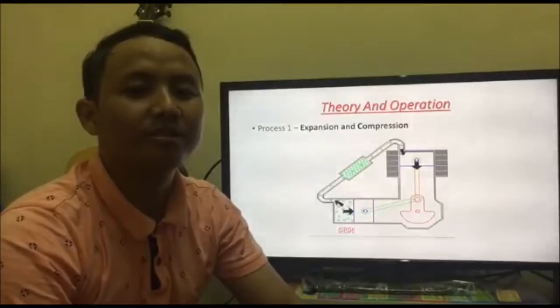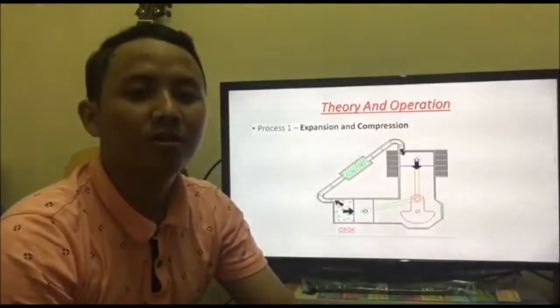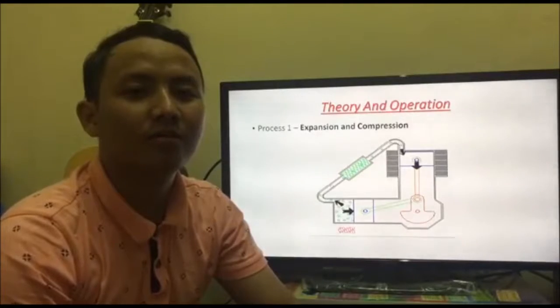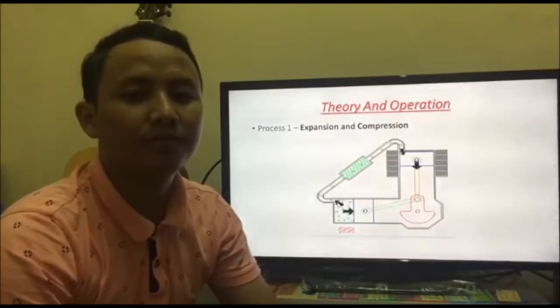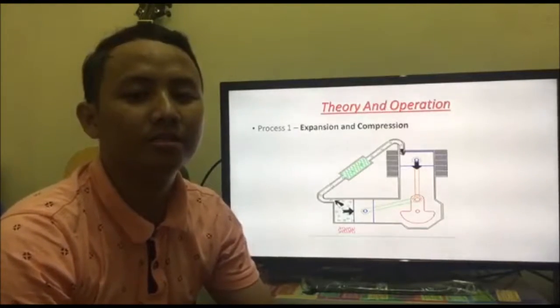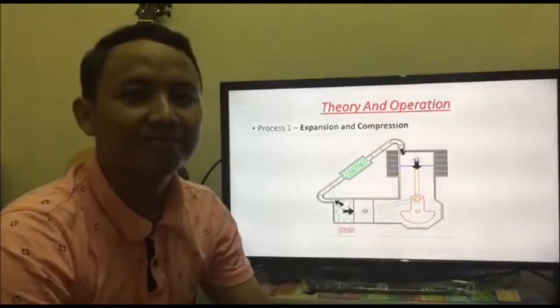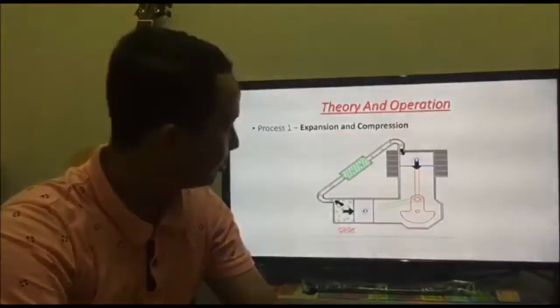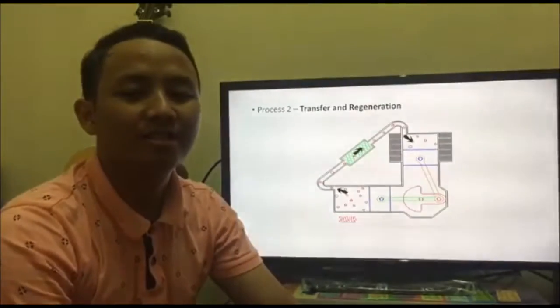expansion and compression. Most of the gas is over on the right at the cooler end of the cylinder. When it's cool, it contracts, giving up some of its heat, which is removed by the heat sink, and both pistons move inward. The second process is transfer and regeneration.